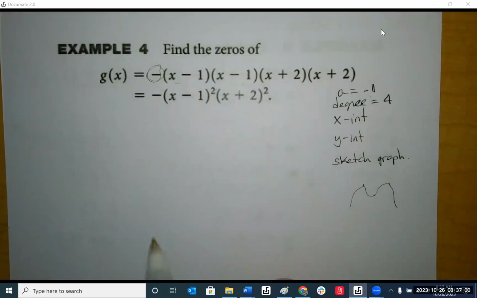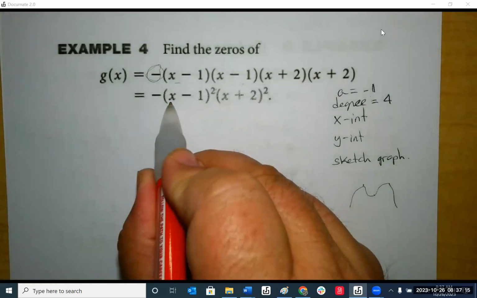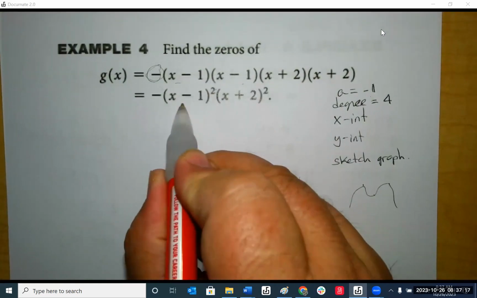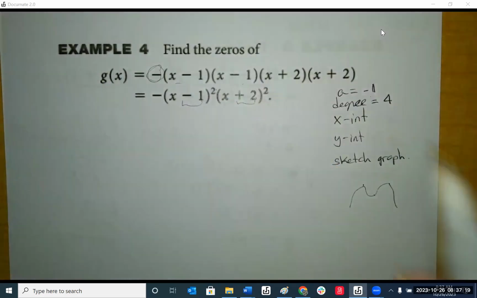So our x-intercepts are where? Remember from when we did the h and k from the circles, whenever you have something in parentheses, it's always the opposite of what's inside the parentheses.